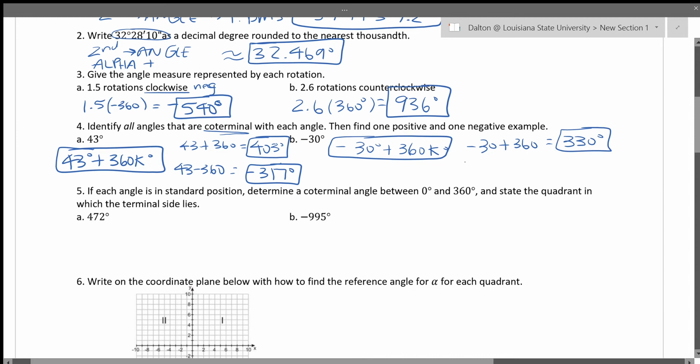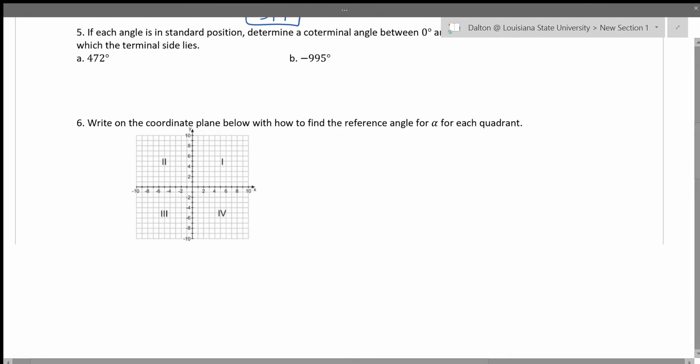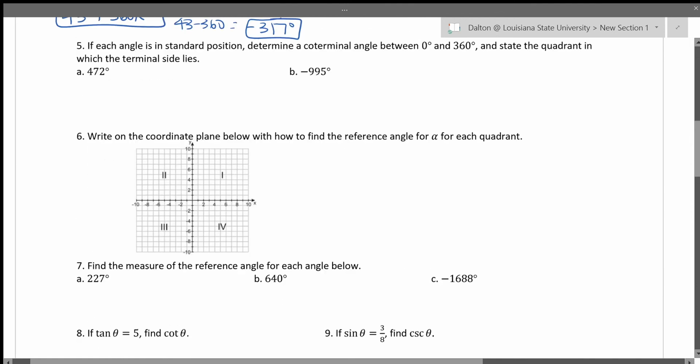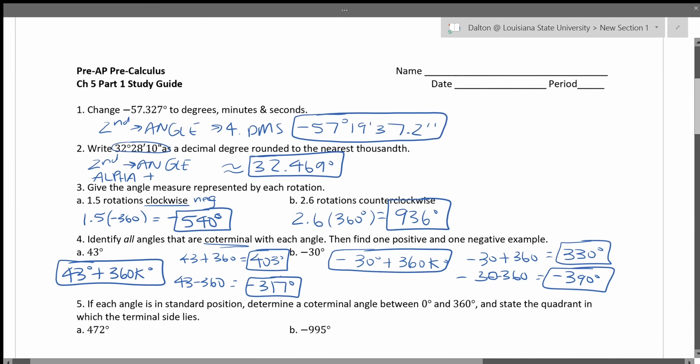And then negative 30 minus 360, and you'll get a negative 390 degrees. Again, these are only example or optional answers. There are an infinite amount of other answers that you could choose to put there if you'd like.